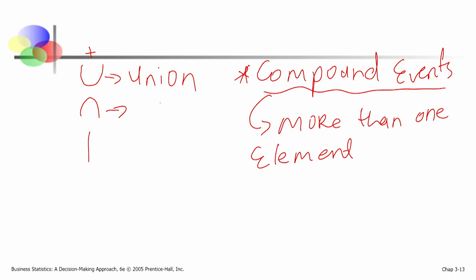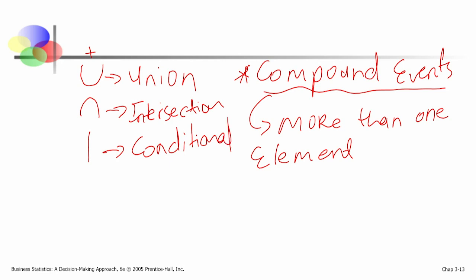This is referred to as being conditional. And this is referred to as multiplication. Let me write this nicely: intersection, so it intersects.